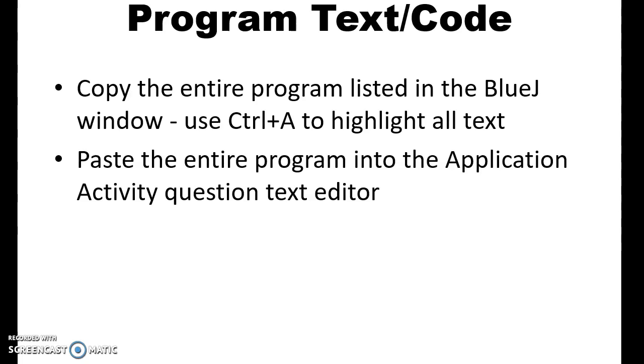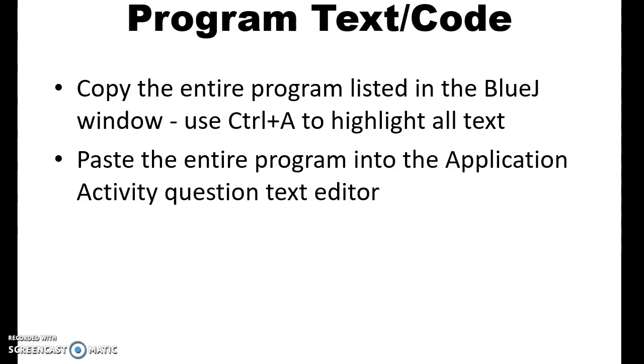You can place your cursor anywhere in that window and use Control A. It will highlight the entire text, and then you can copy it. Then you paste the entire program into the application activity question. It has a text editor, right, where you can type and paste stuff. You paste it there, and you also submit your output window there, and voila.